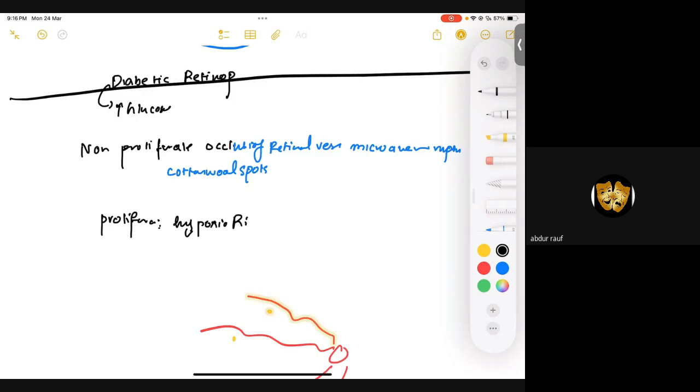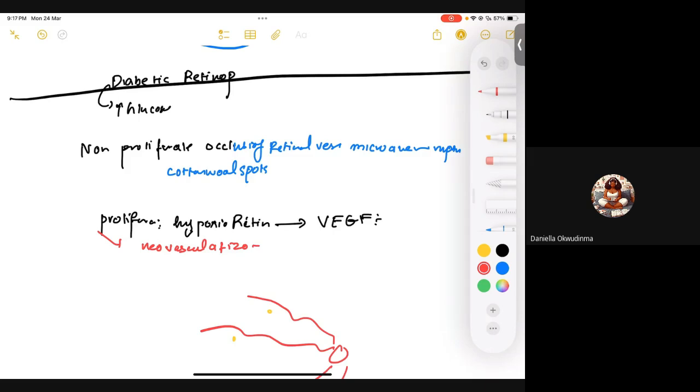Whenever we have hypoxia of the retina, it releases VEGF, and VEGF in turn leads to neovascularization. So we are going to see proliferation of blood vessels, due to hypoxia and VEGF.